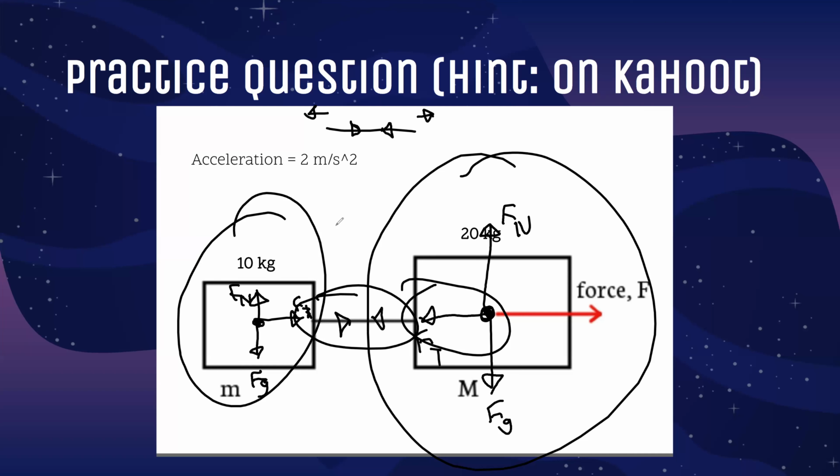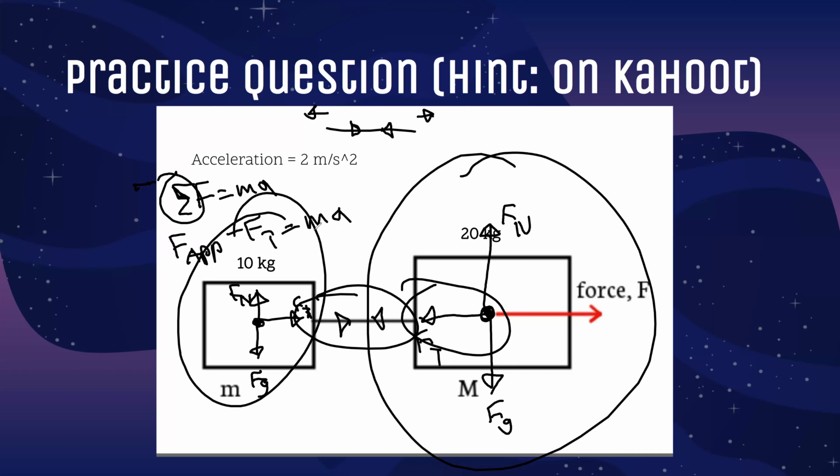And then you know that the net force, sigma F, is equal to MA, right? So you would basically put F applied minus FT is equal to MA. And this M is only for the 20 kilogram block, okay?